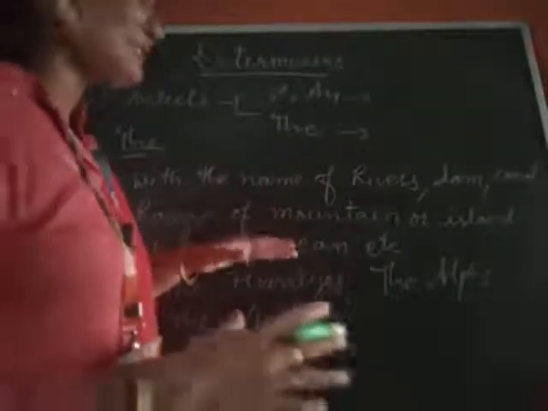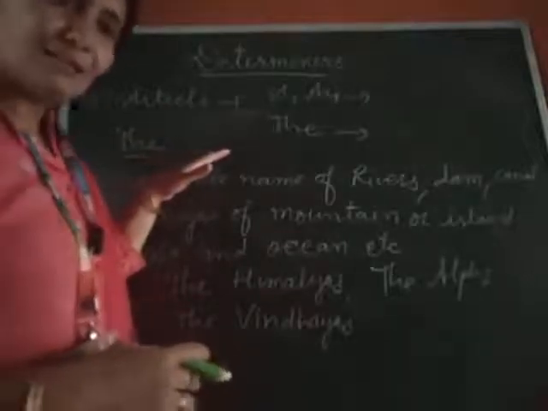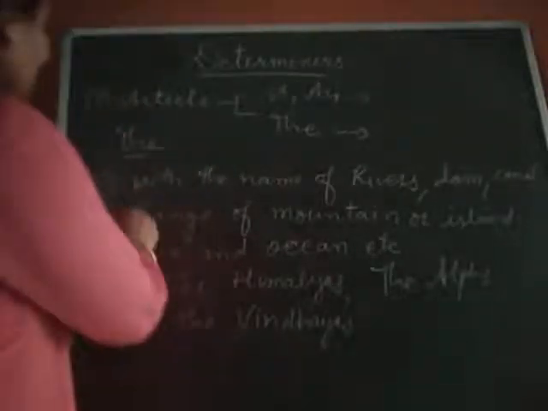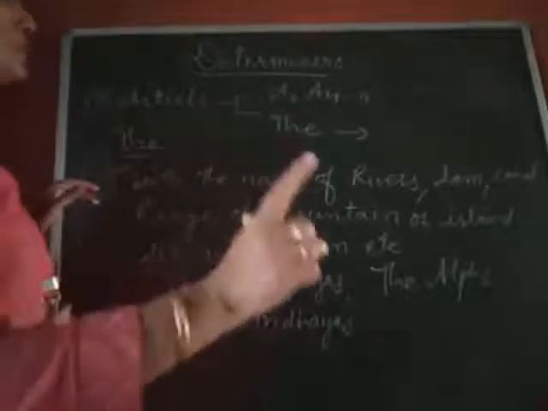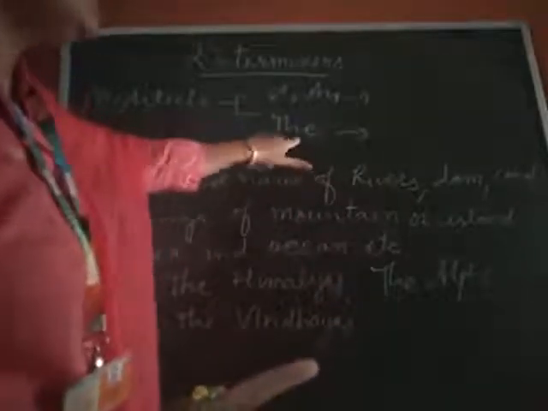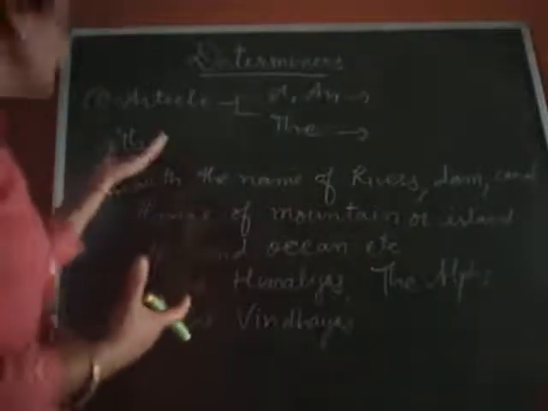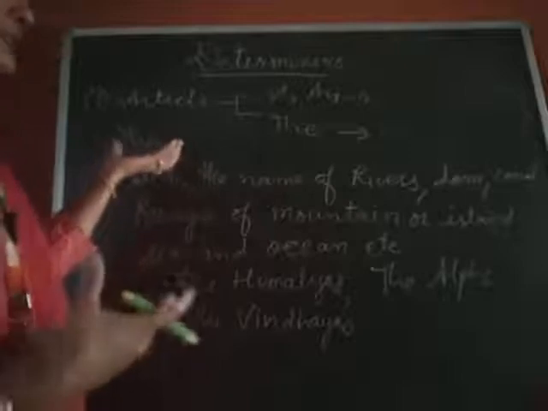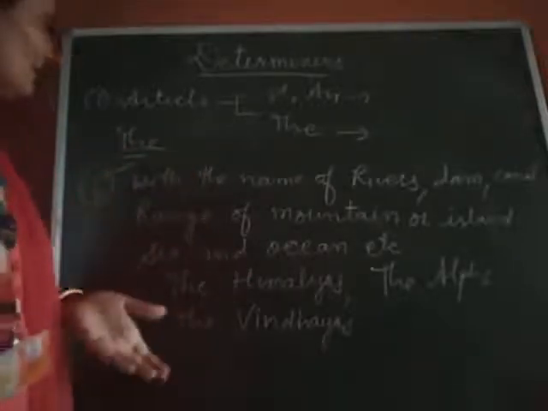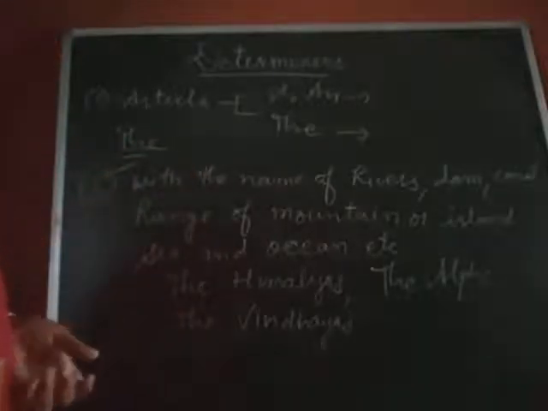These are groups, these are ranges of mountains, not a single mountain. As for islands, the Netherlands, the Andamans, the Nicobars. These are ranges of islands. A single island, just like Sri Lanka, takes no article. Mount Abu is a single mountain. We will not use any article here because it is single.